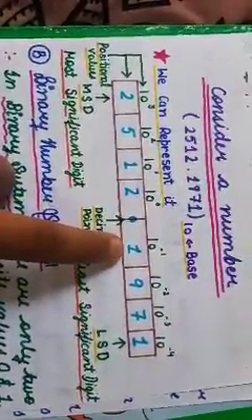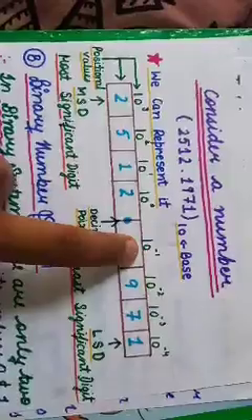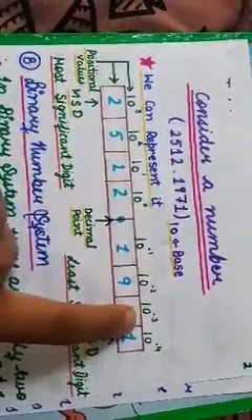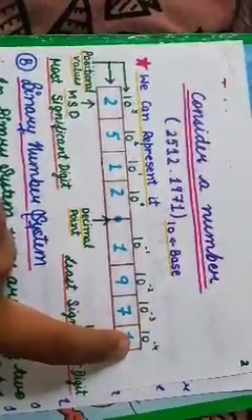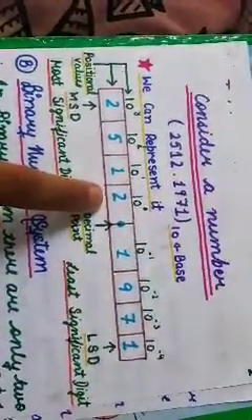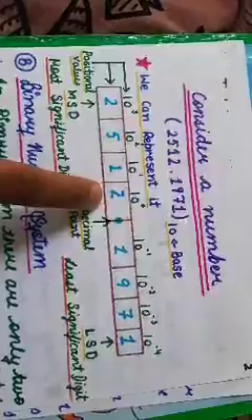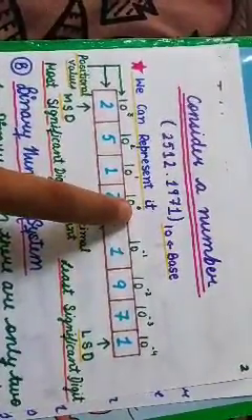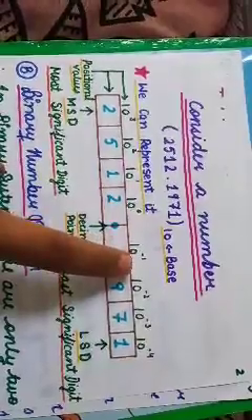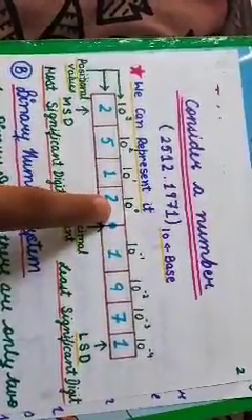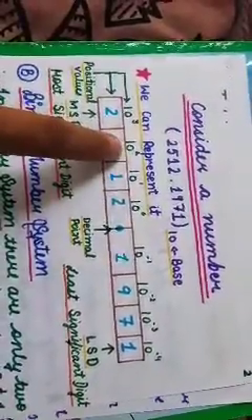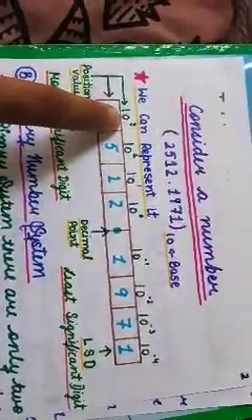1 is multiplied by 10 raised to power minus 1, then 10 raised to power minus 2, 10 raised to power minus 3, and 10 raised to power minus 4. From this side we multiply the digit with 10 raised to power 0, then 10 raised to power 1, 10 raised to power 2, 10 raised to power 3.